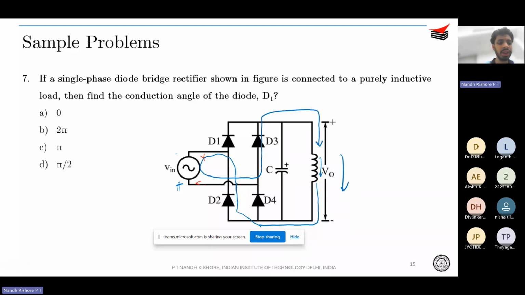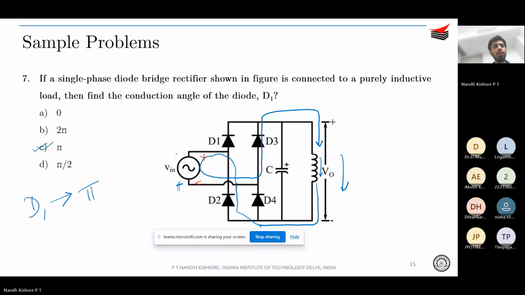So D1 is conducting for how much time? Only during the pi interval of the total 2 pi period. So D1 conducts for 180 degrees or pi. Simple, right? Just track from the inductor side, you will get the answer.